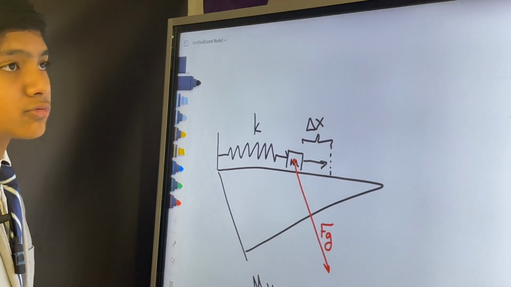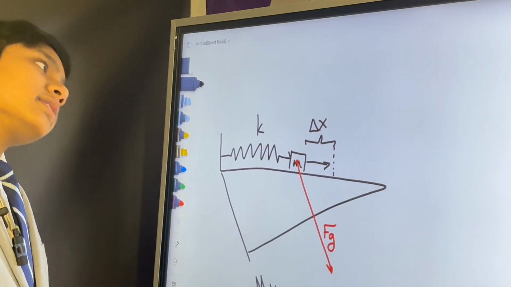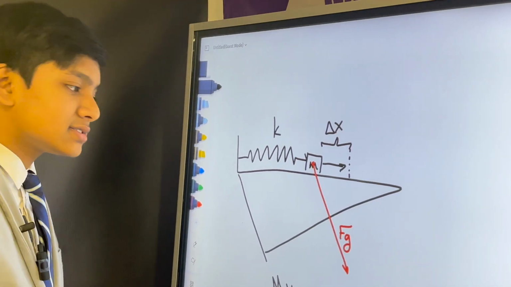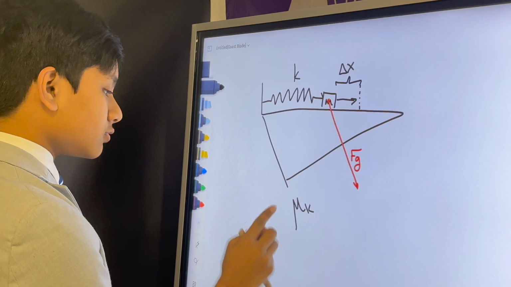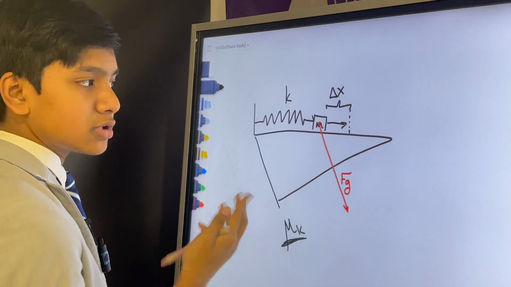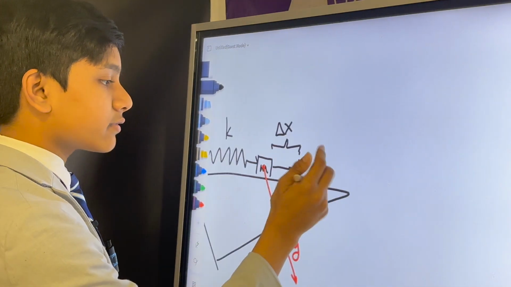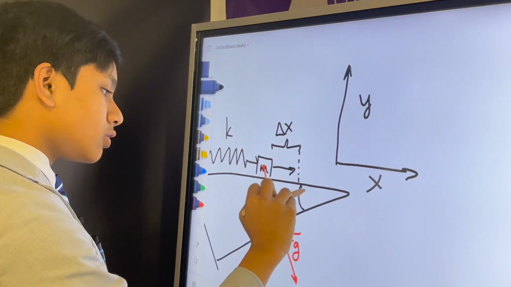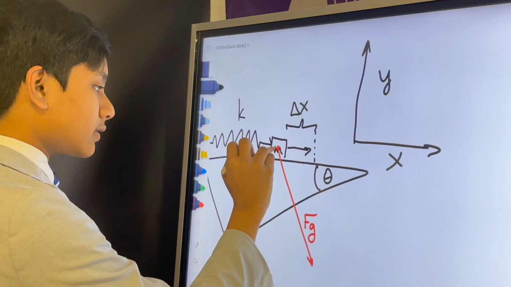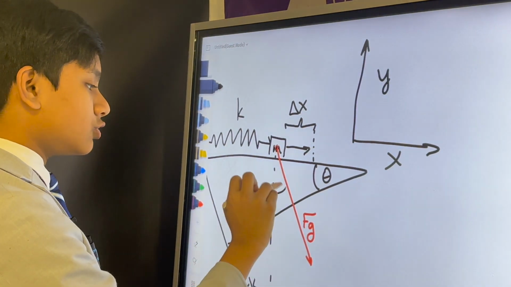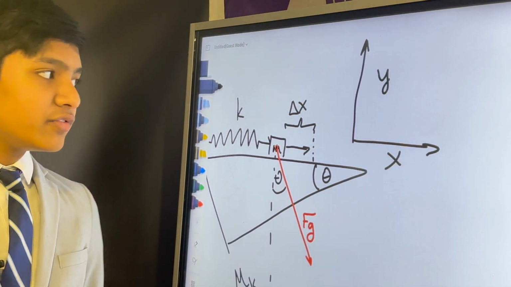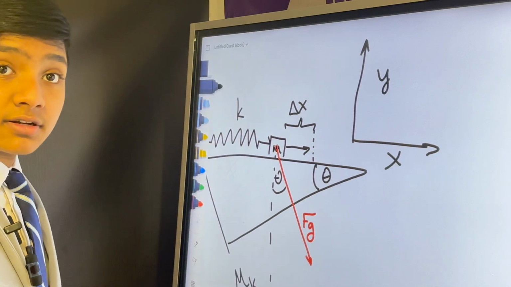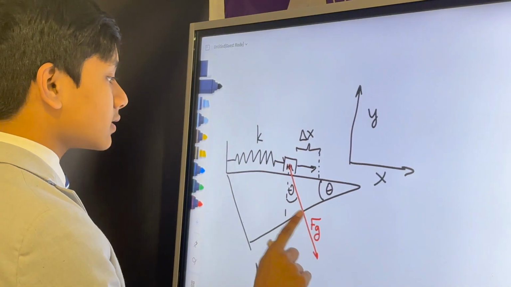All I've done is rotate my head. Nothing in the actual system has changed. So now what's going on here? We have a definition of the x-coordinate, a y-coordinate, we have a theta, and of course this is going to be equal to theta 2.